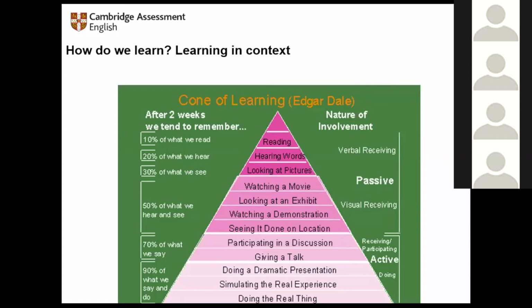And Dale talked about the concept of active learning as a fundamental pillar for effective learning. Dale says that 90% of the work that we take part in, that we say or do, if we are involving more participation into the learning process, is remembered 2 weeks after finishing a program or reading a book.